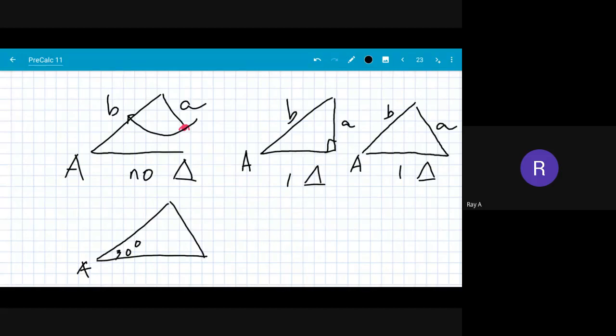I think it was a 16 and 10 if I'm correct. Yes, this is a 16 and this is a 10. While the other picture was like this, wherein this is a 10, this is 16. This is your 30 degrees. In this case, there are two triangles.